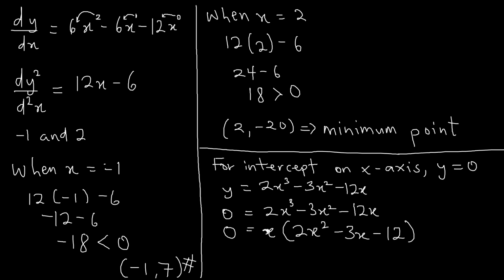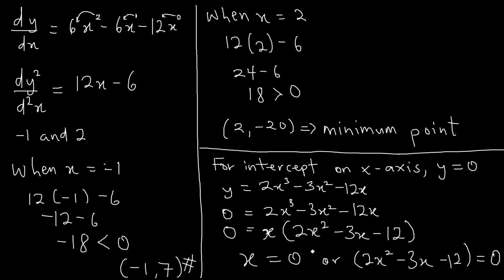So after factorizing the x out, we have 0 = x(2x² - 3x - 12). What that means is that this x here can actually be equal to 0, or what we have in the bracket, 2x² - 3x - 12, can also be equal to 0.